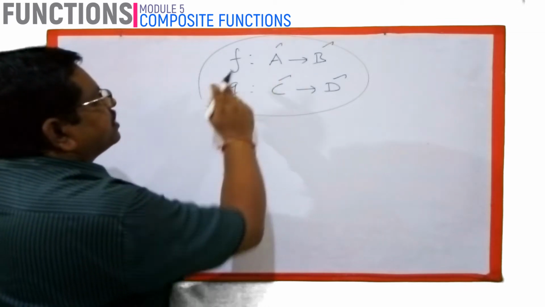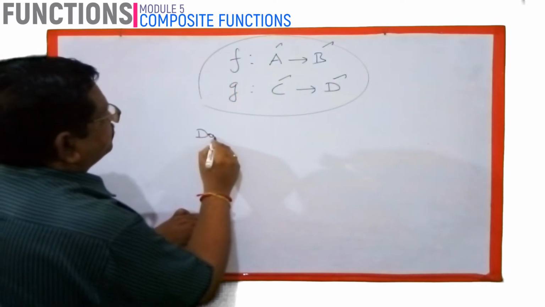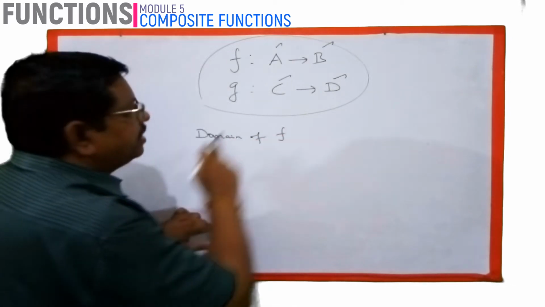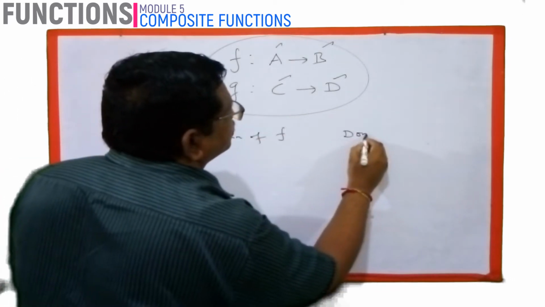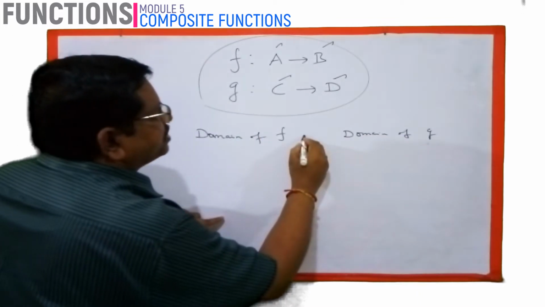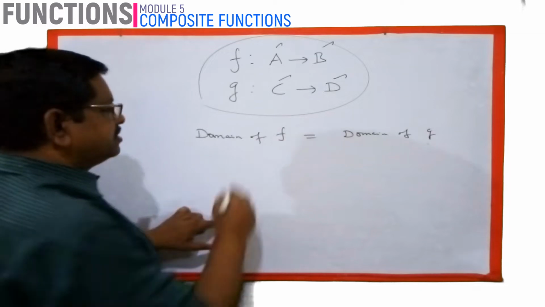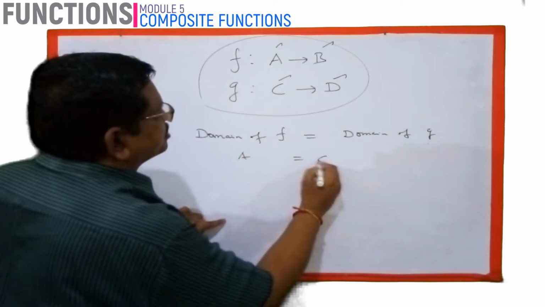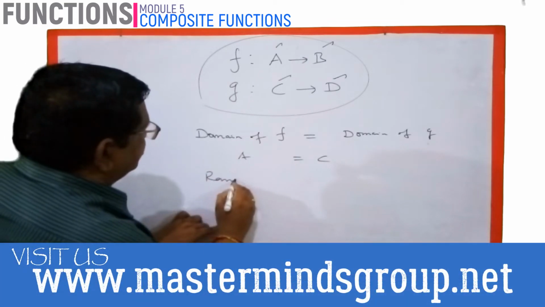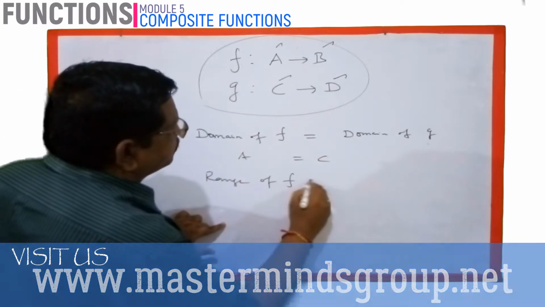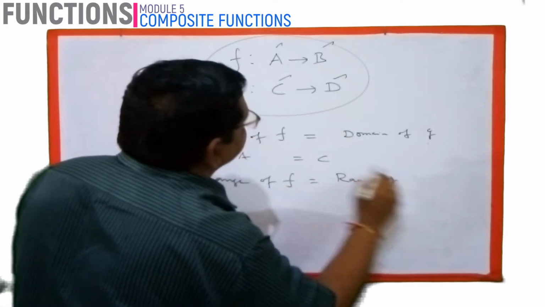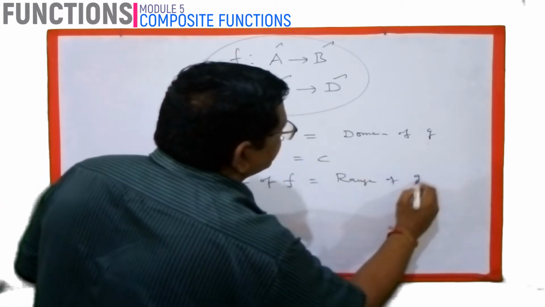Now the domain of the first function f and the domain of the second function g should be the same. That means here A and C must be the same. Next, the range of the function f and the range of the function g should be the same.